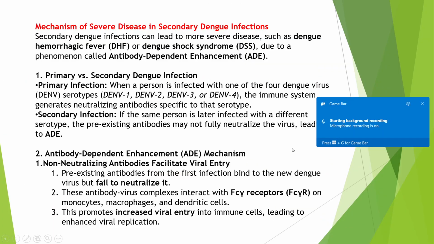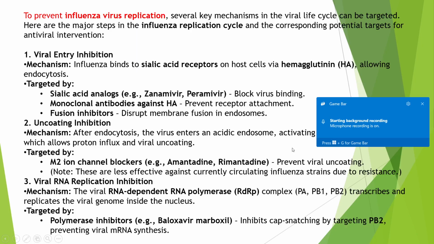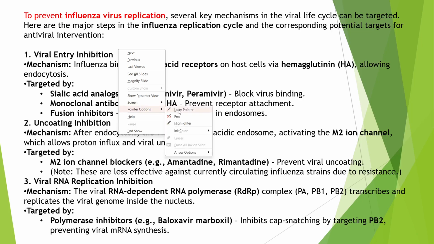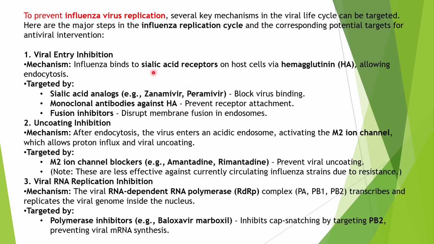The next question was regarding influenza virus replication. So to prevent influenza virus replication, what are the mechanisms? There are different mechanisms in the viral life cycle that can be targeted, and the major steps involved in the influenza replication cycle.